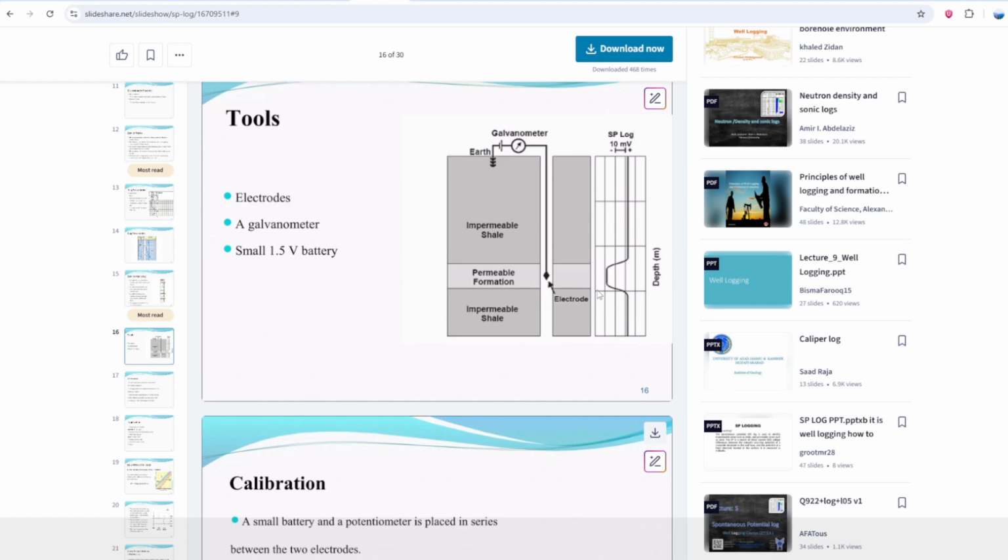All of this happens as long as there are differences in salinity. If the two fluids in contact have the same salinity, there's not going to be ion exchange. There's not going to be fluid flow or current flow. There's not going to be the creation of kinetic and electrochemical spontaneous potential, right? So we do need to have those differences in concentration of the fluids to see the deflections.